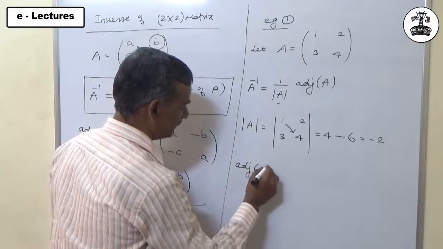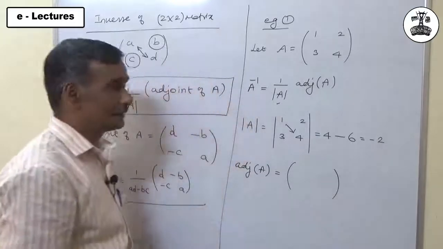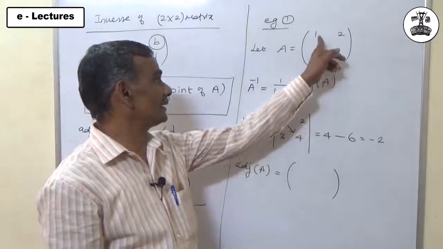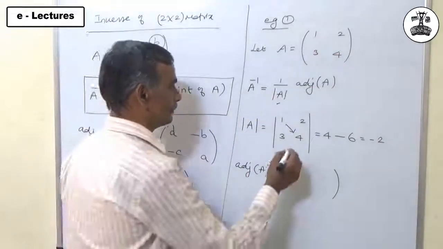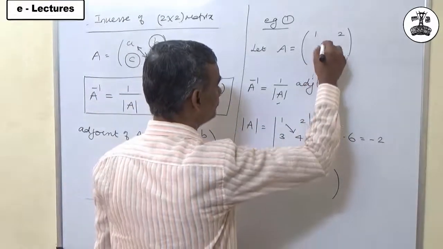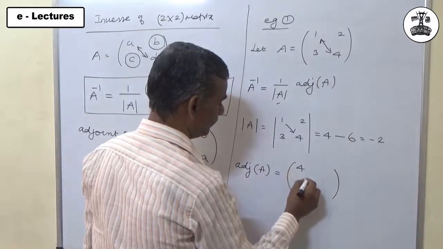So adjoint of A is equal to interchange A and D, that is diagonal elements வந்து இடம் மாத்துறோம். So 4 இங்கே வந்துடுது, 1 இங்கே வந்துடுது.